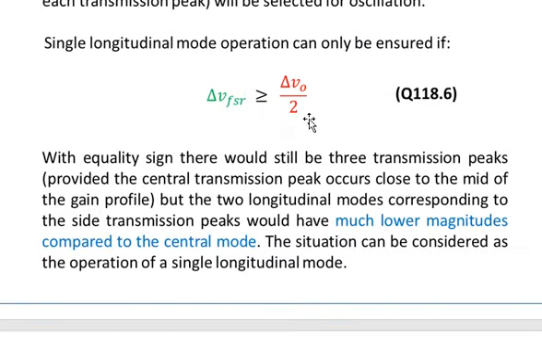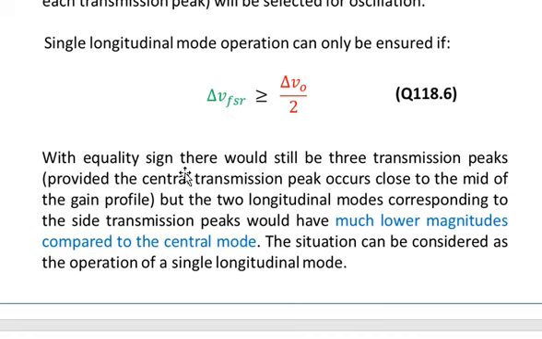So this is the condition that we can use to select only one longitudinal mode. For example, delta nu FSR is greater than or equal to delta nu naught by 2. Or more accurately, delta nu FSR should be of the order of delta nu naught, so that only one transmission peak lies within the laser gain profile and only one longitudinal mode could be selected.